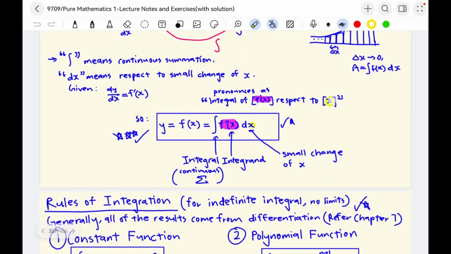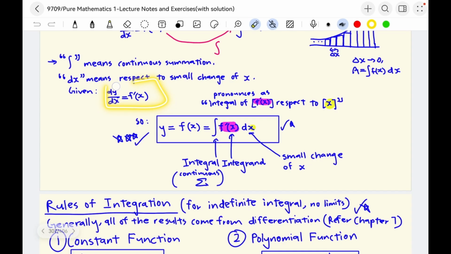So let's interpret over here. Given that dy/dx is equal to f prime x, we can rearrange it into this integral form. So to get back the original function, it is the long S integral of f prime x dx, where the function to be integrated, we call it the integrand.